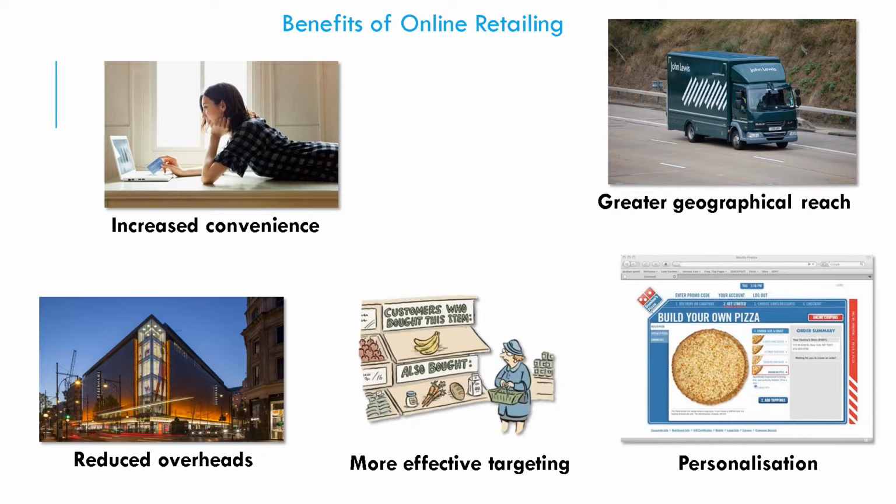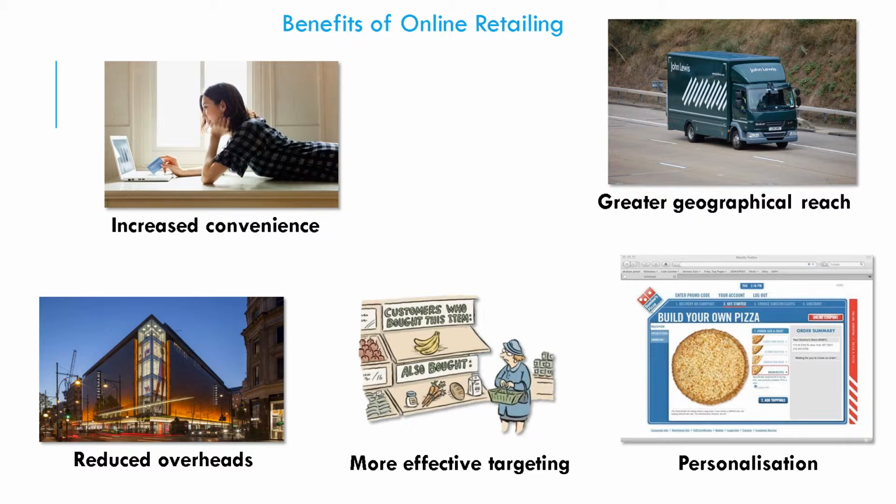And other businesses that use multi-channel distribution like John Lewis, where they do sell through bricks and mortar stores, but they also use online retailing, they can reach a much wider market through their online sales. They don't need to have stores everywhere, so that does help them to reduce their overheads. And that gives them scope either to reduce prices, if that fits in with their overall marketing strategy, or potentially to increase their profit.